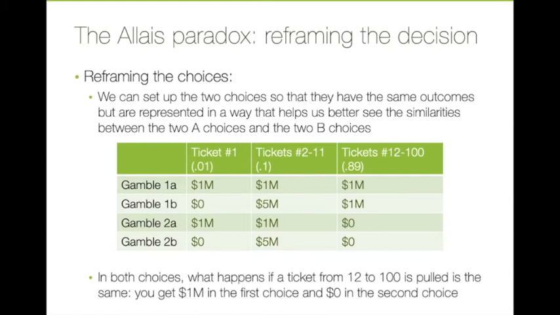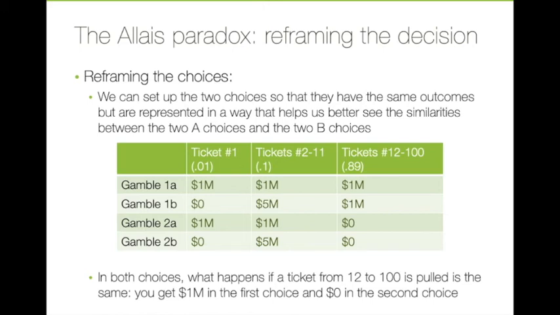So again, those proportions are the same as the original choice. So this way of framing the problem is equivalent. Now for gamble 1A, you get $1 million for certain. And if we look at each of these states, doesn't matter which ticket group you're drawing from, you get $1 million no matter what. So this still accurately represents that choice.